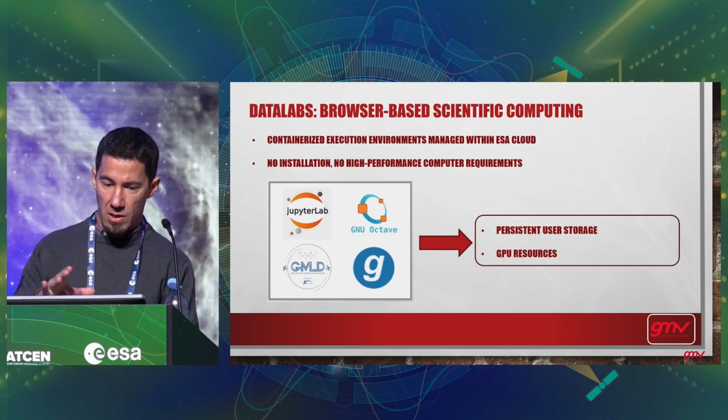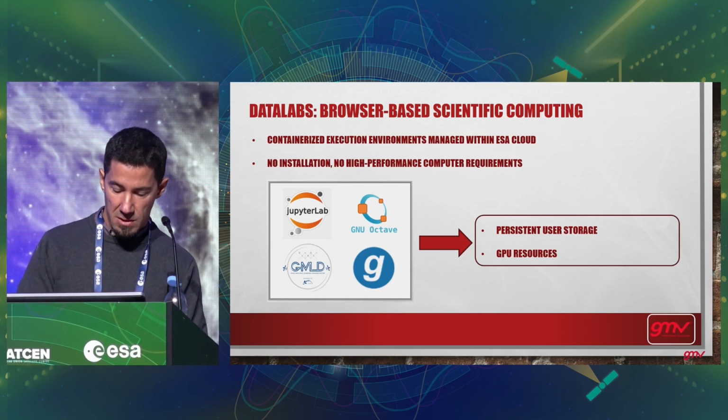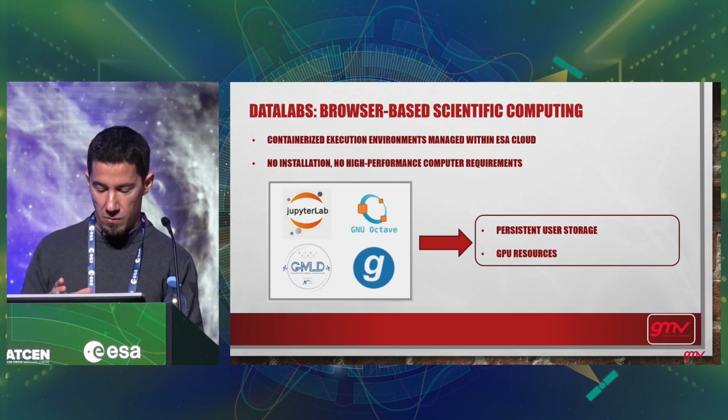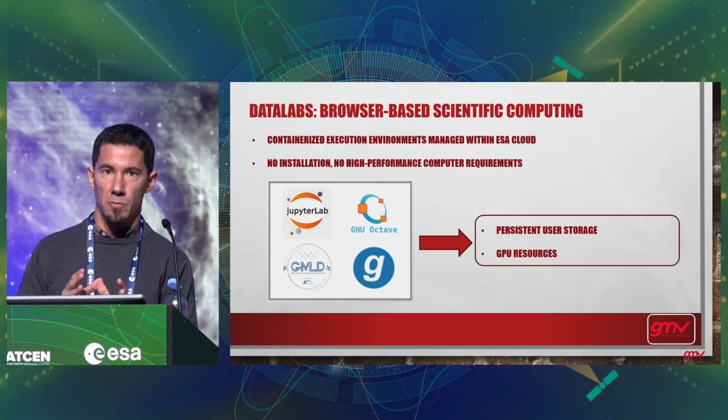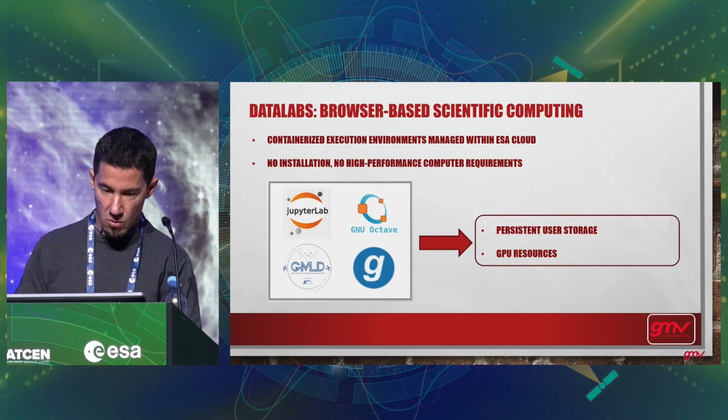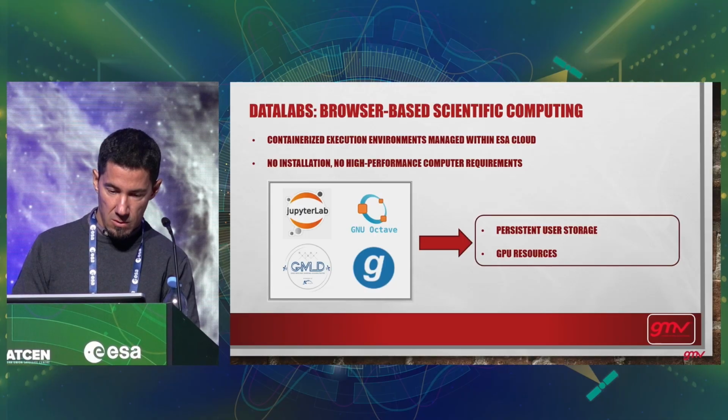Among the default options available, we have JupyterLab, that is a powerful notebook-based environment for interactive computing in Python, or Octave, which is a computation tool with compatibility for MATLAB scripts. Or we have also GLab, a tool capable of full GNSS processing, from raw RINEX files to precise positioning results.